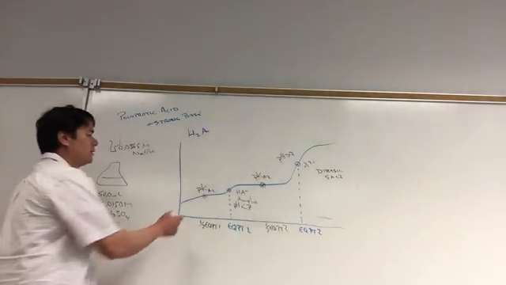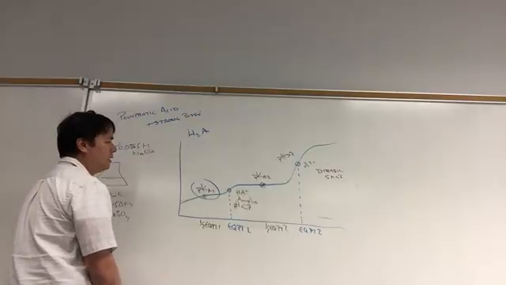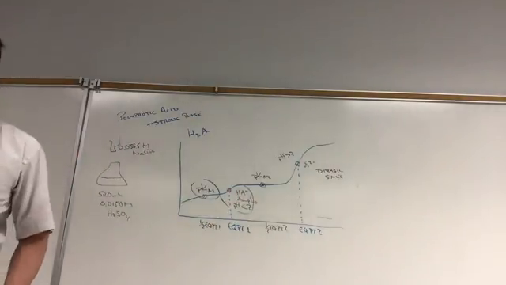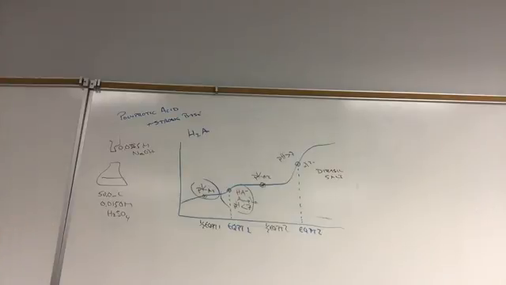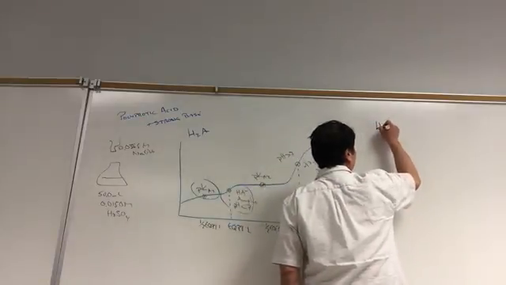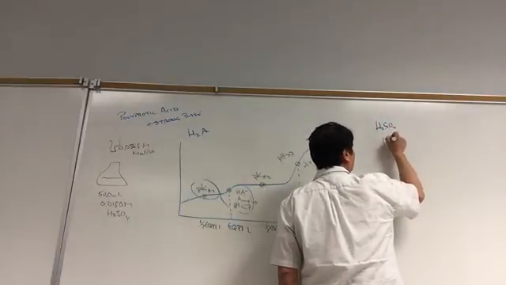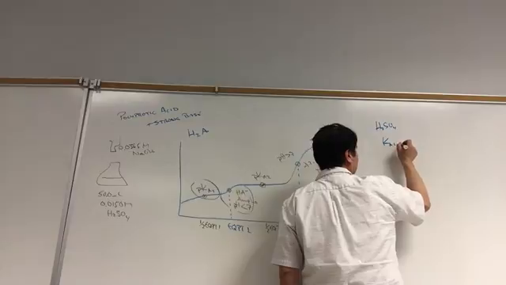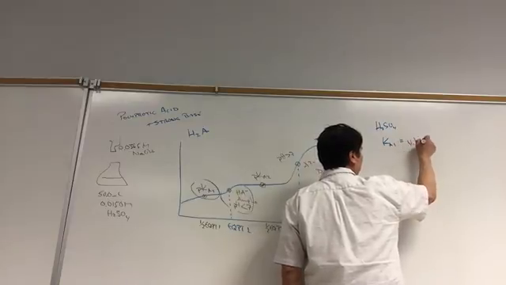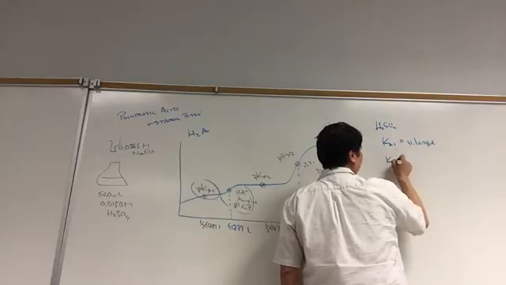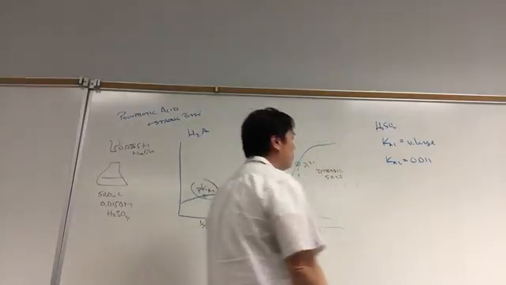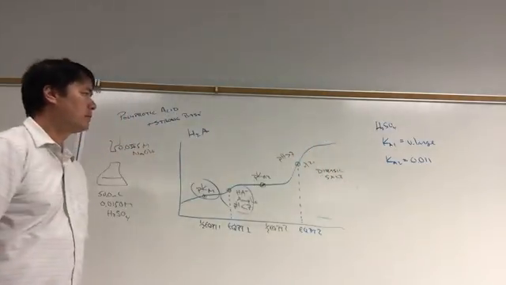The tricky thing about this is, what about pKa1? For sulfuric acid, H2SO4, Ka1 is equal to what? Very large. And then Ka2 is actually pretty big itself, 0.011 or 1.1 times 10 to the minus 2.